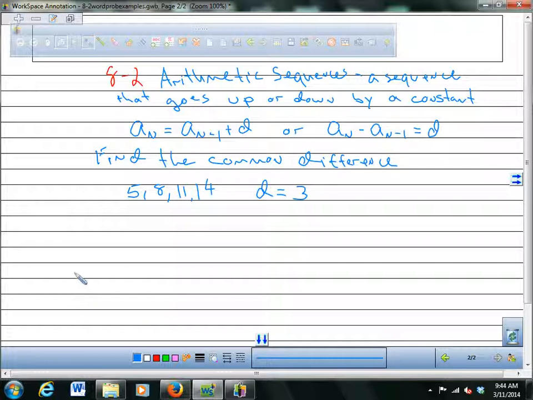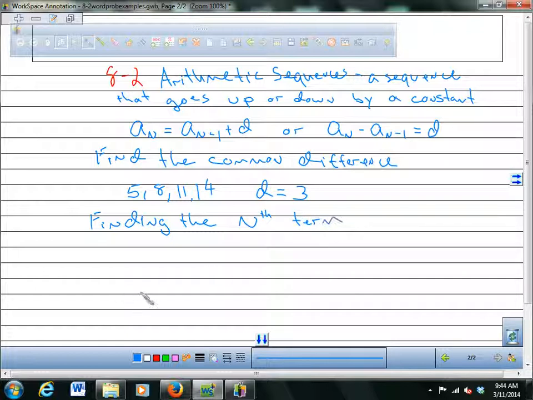So to find the formula, I'm going to go through a little derivation of the formula. I won't do the one for the sum, but I'll do it for this one. So this is a recursive definition, and we're finding the nth term.